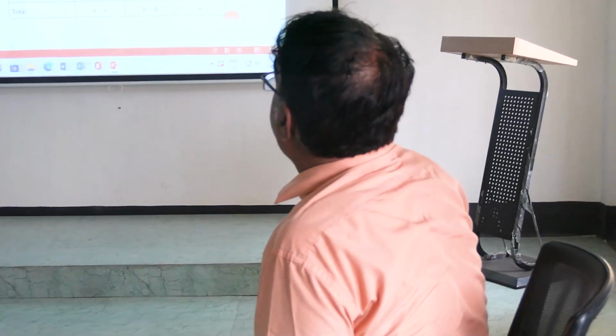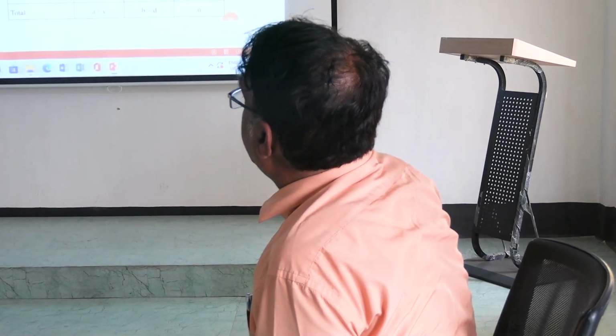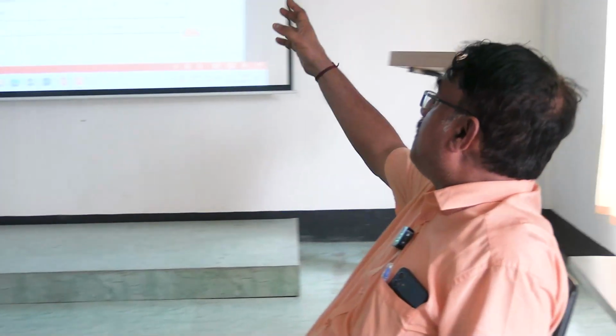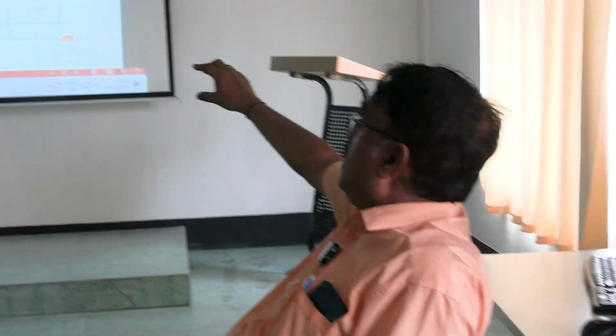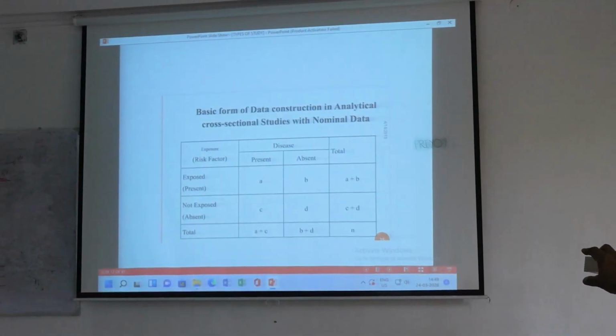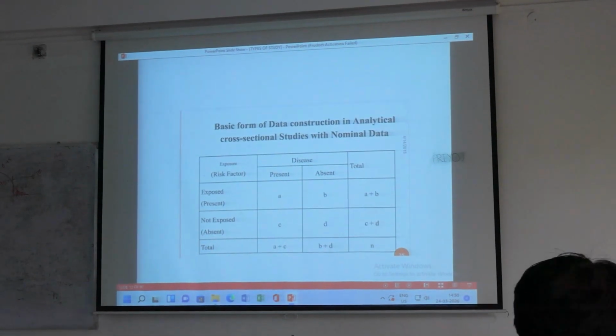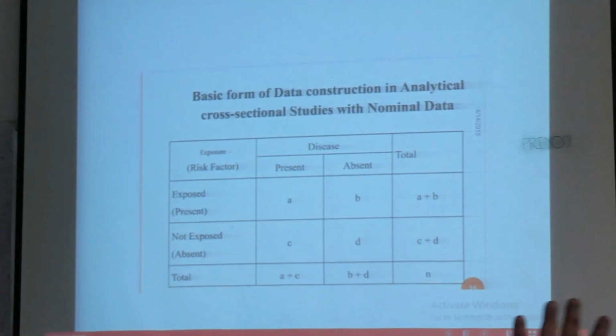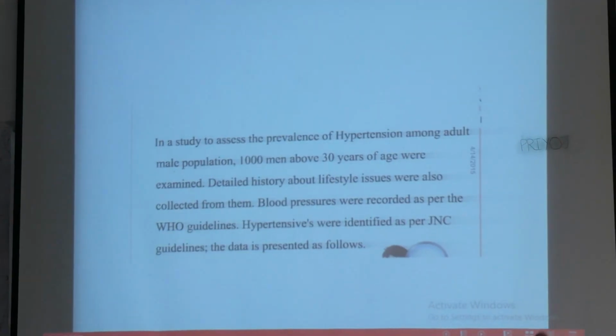People who are exposed to the risk factor are A plus B. So the people with the disease are A plus C, and the people who are exposed are A plus B. Is that clear? Just remember this basic table.